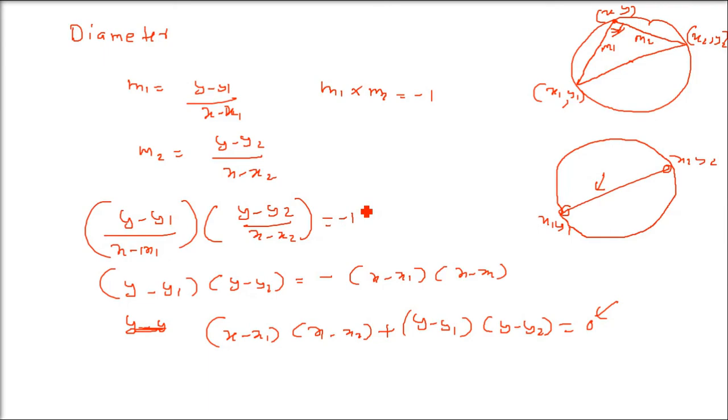So what we will do is we'll take a very small example just to give you an idea how we go about using this kind of diameter form. We have to find the equation of a circle drawn on the intercept made by the line 2x plus 3y equals 6 between the coordinate axes as a diameter.